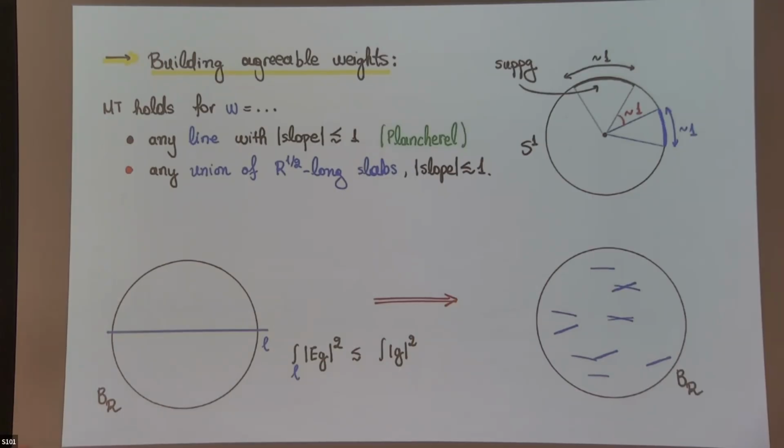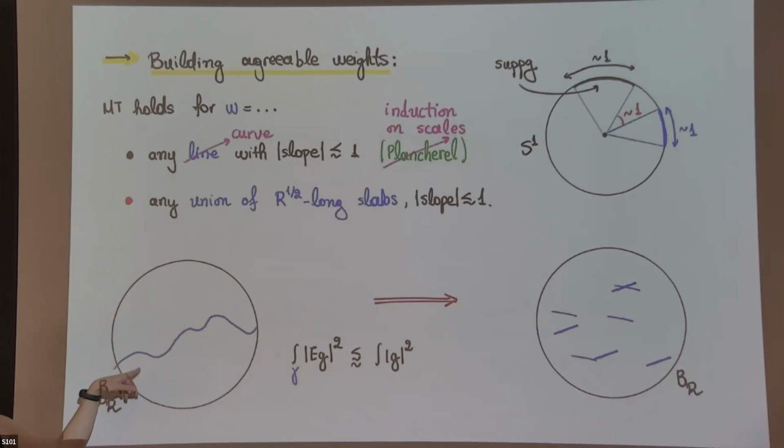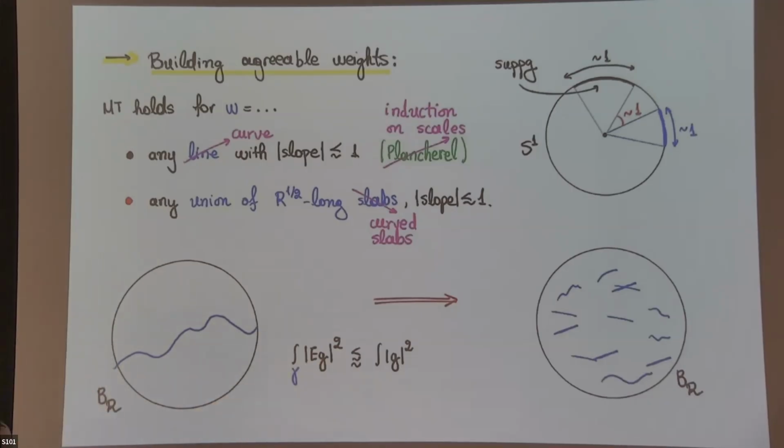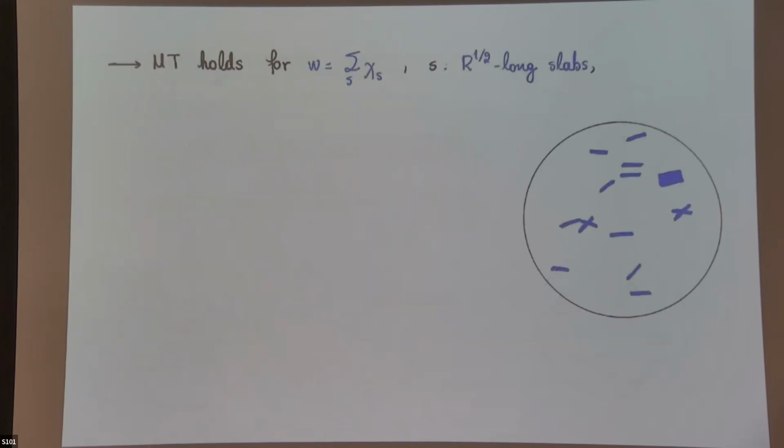And similarly, by the way, we can prove that Mizohata-Takeuchi holds for any curve with controlled slopes using not Plancherel, but some induction on scales. And then you can upgrade then the conjecture from this picture to unions of curved slabs of length R^(1/2). So this is how you would get these nice weights.